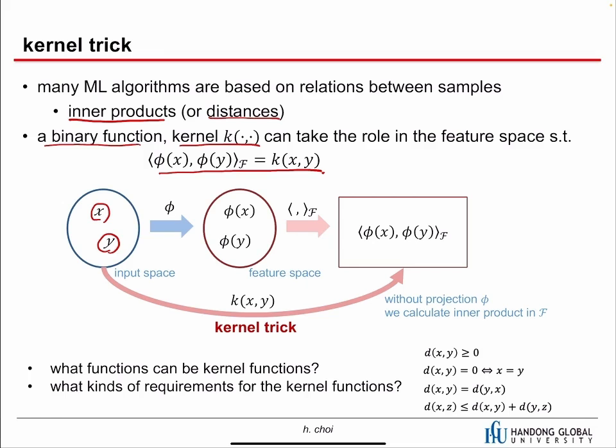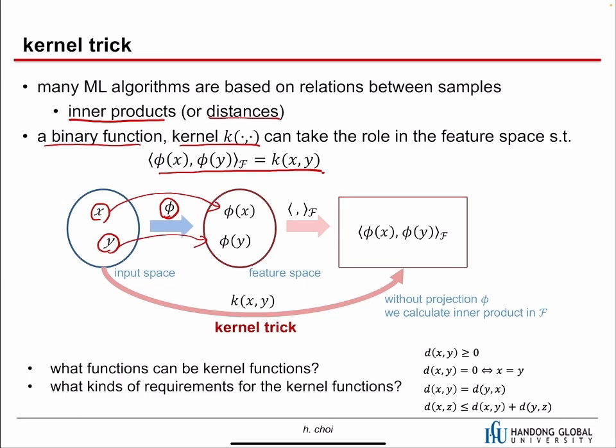So we can come up with a new function phi. Again, we don't know how to define function phi, okay? But let's assume that there is a function phi. And this function phi is really nice, okay? Then we have to transform x to phi of x, y to phi of y.